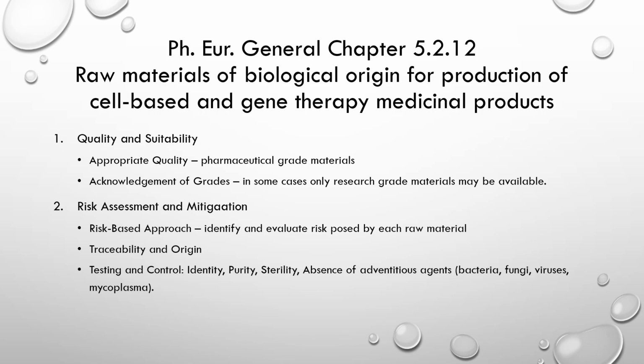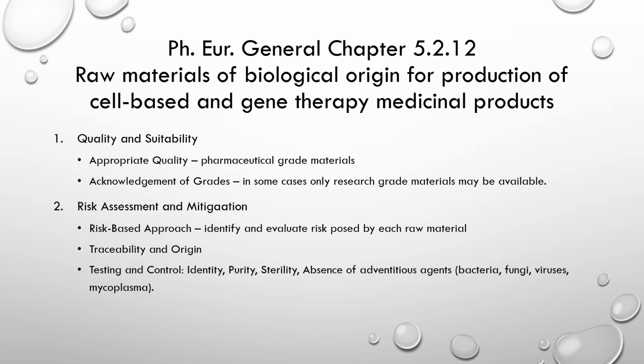This chapter in the European Pharmacopoeia focuses on the safety, efficacy and quality of the final product by controlling the quality of the starting materials and the raw materials, particularly those of biological origins. Let's just quickly go through the steps.